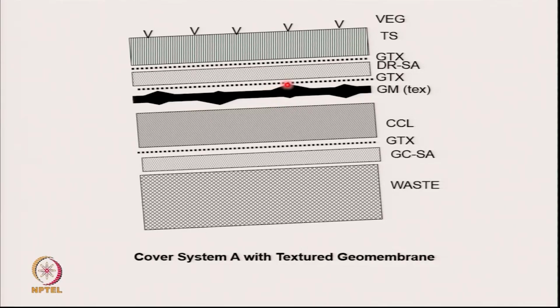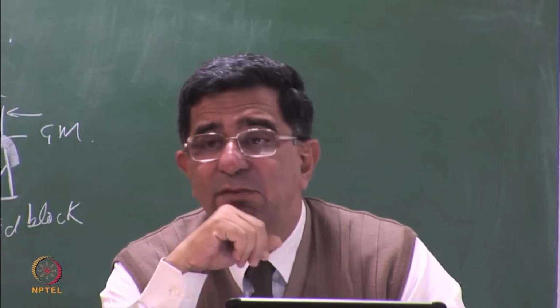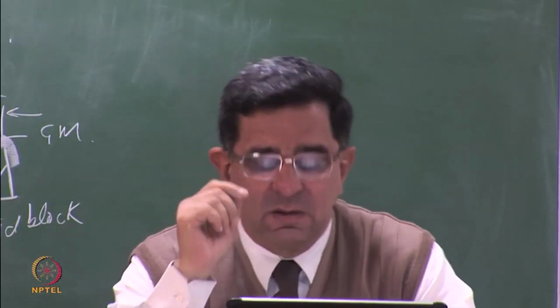But let's look at the top. There's also the interface between the geotextile and geomembrane. We want to know what this is, because this could be the minimum value or that could be the minimum value. I cannot presuppose which one to check unless I have the values of delta.